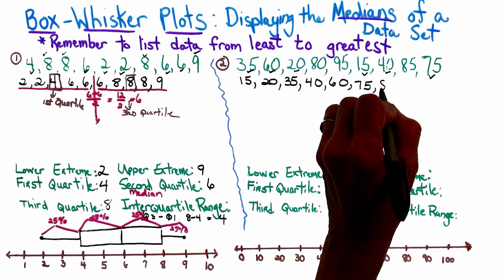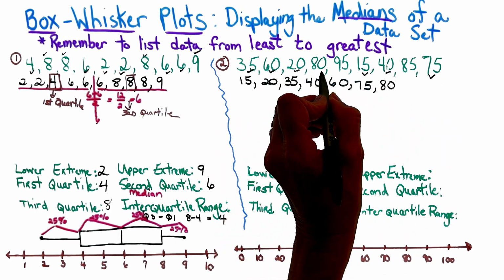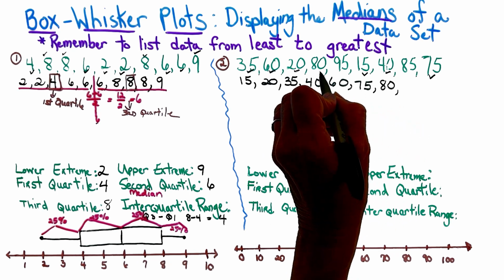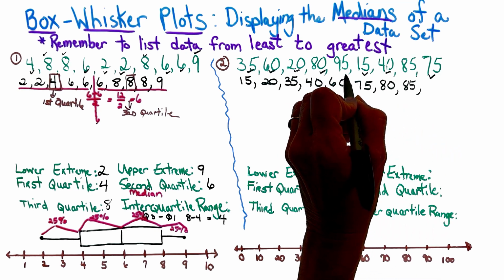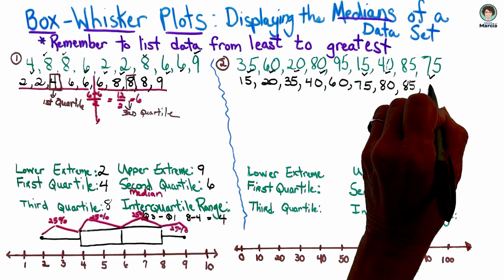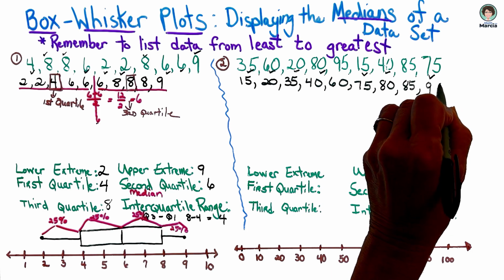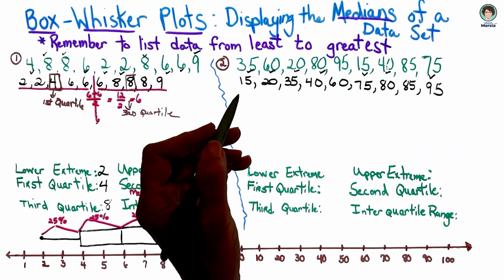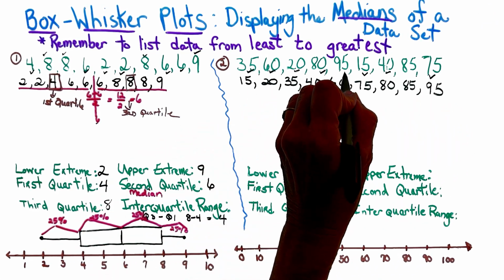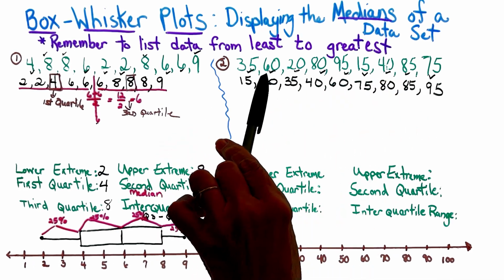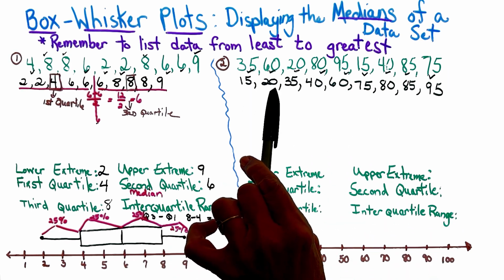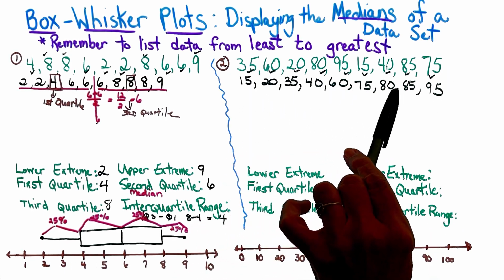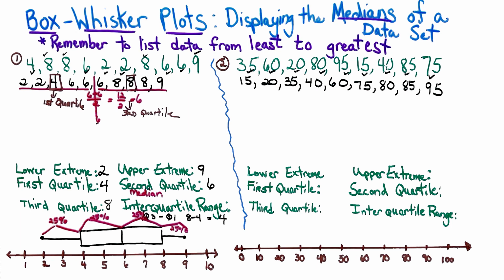I have an 80. And I've marked that off. I have my 85. And I have a 95. So I'm going to double check to make sure, because I didn't mark those off. There's 1, 2, 3, 4, 5, 6, 7, 8, 9 data points. So 1, 2, 3, 4, 5, 6, 7, 8, 9. I have them totally all listed.